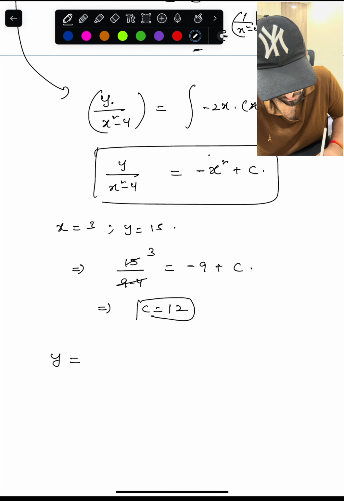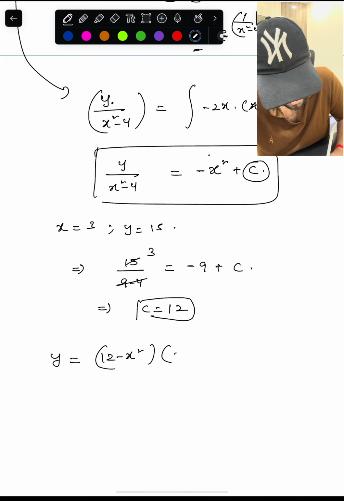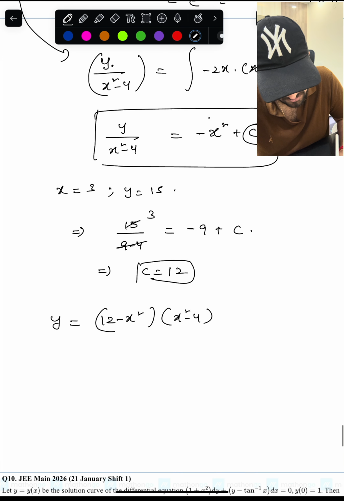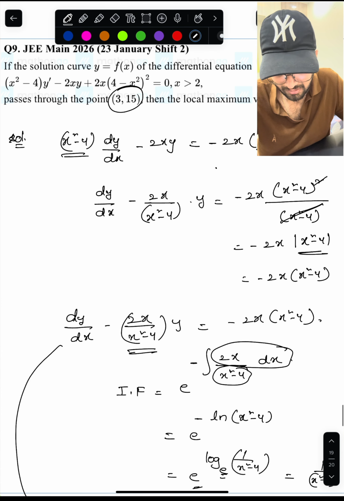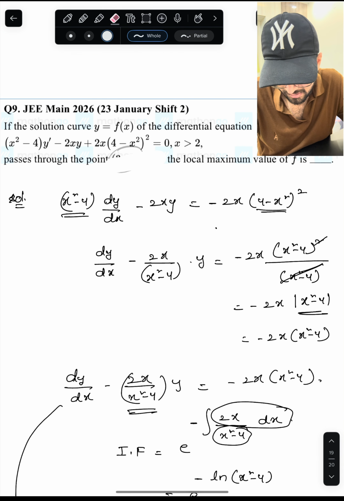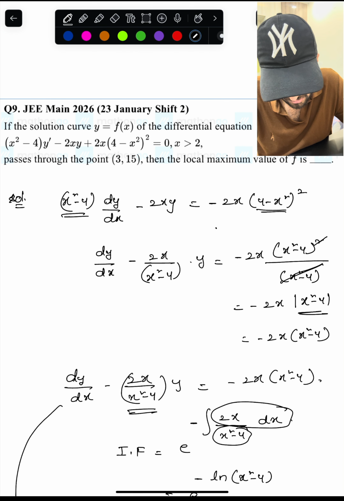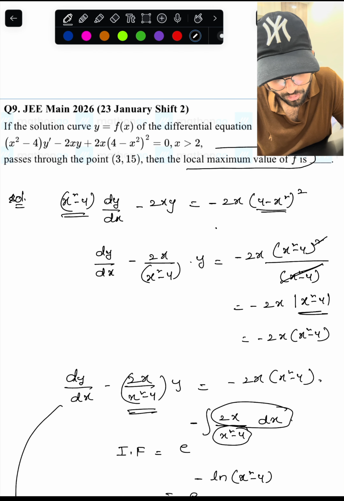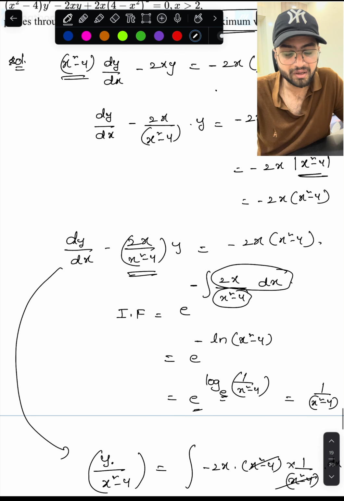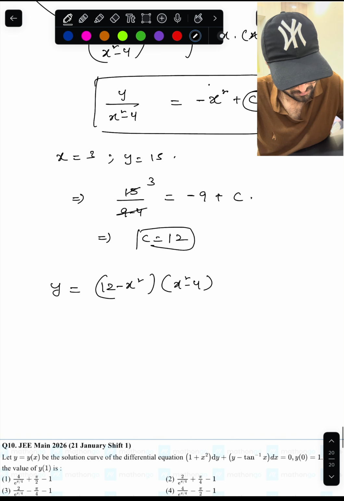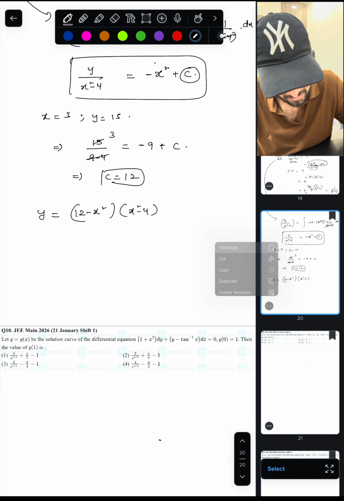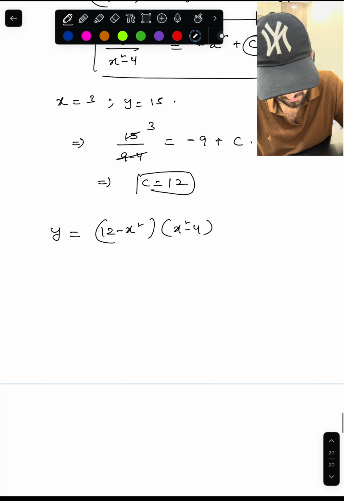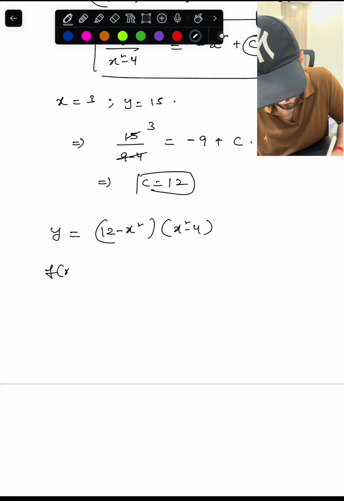So now y = (12 − x²)(x² − 4) we got. Done. Now the question was asking for the local maximum value of f(x). For local maximum we have to differentiate again. So this is the function, f(x) is this.